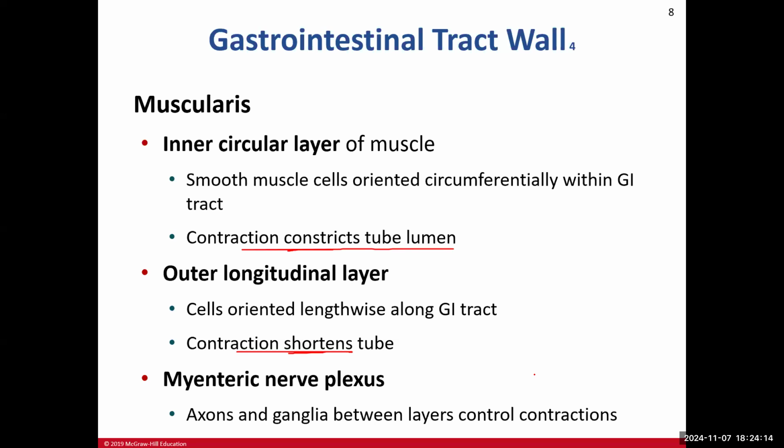I don't teach it to 210 only because you all have enough to learn about, so I wait until 211 to talk about it. But some folks consider it the third branch of the nervous system, but it's specific and exclusive to the digestive system here. And so it is basically going to help with those contractions that you're going to see in the digestive tract. We'll get into it.